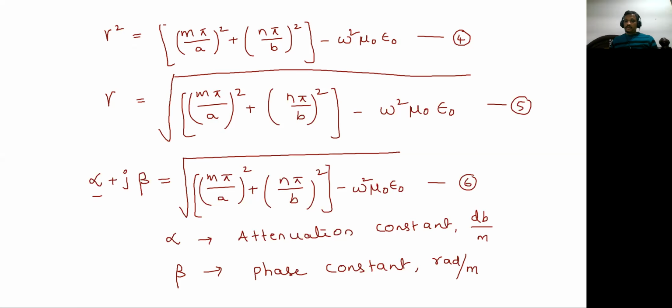Now we'll go to the third slide. To find out the expression for cutoff frequency here, we need to take three cases. I am dividing it in a very simple way. I'm just taking the frequency like this.